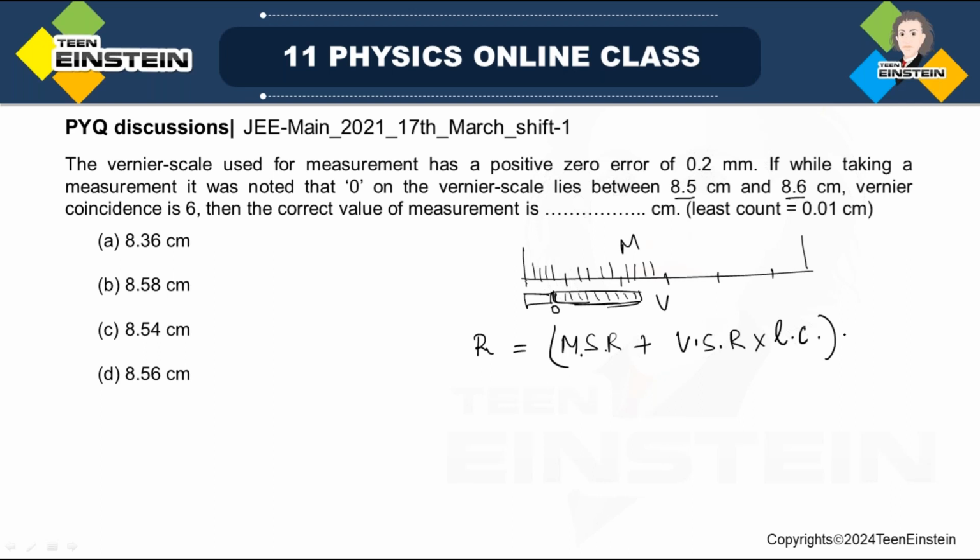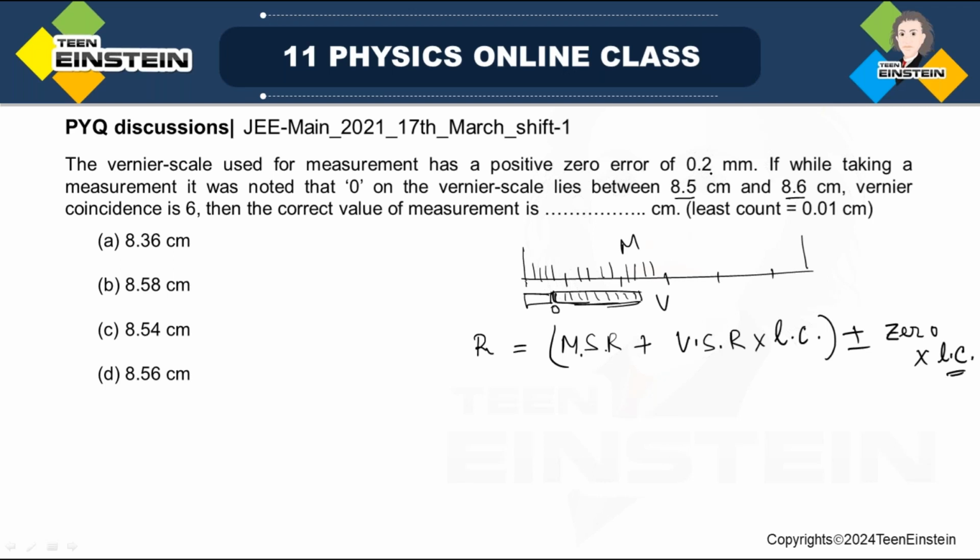If there is error, then that error has to be either added or subtracted according to the nature of the zero error. If the zero error is given in divisions, then you have to sometimes multiply by LC.